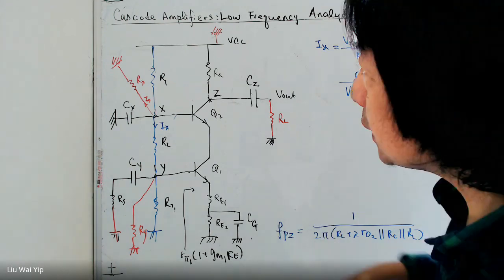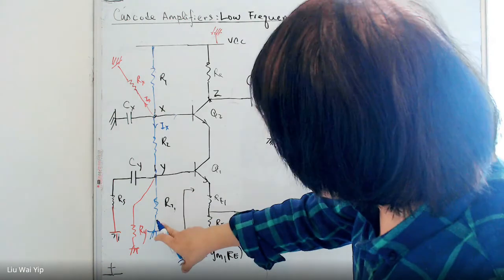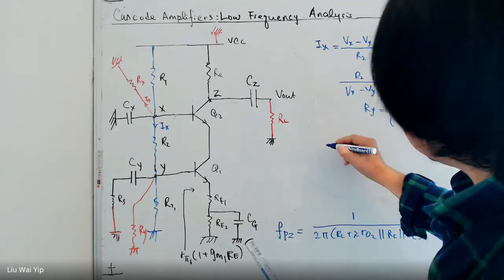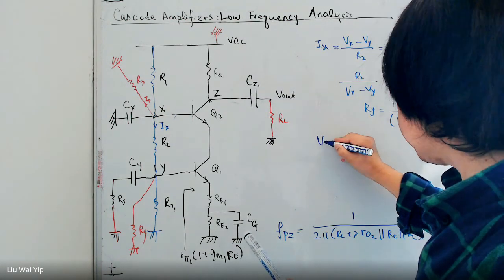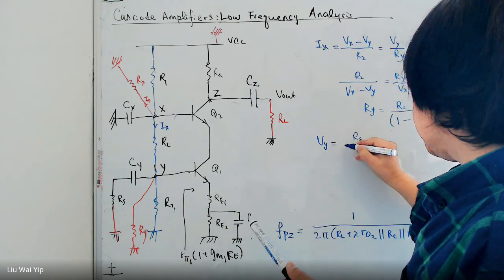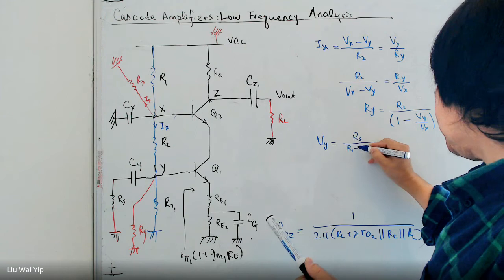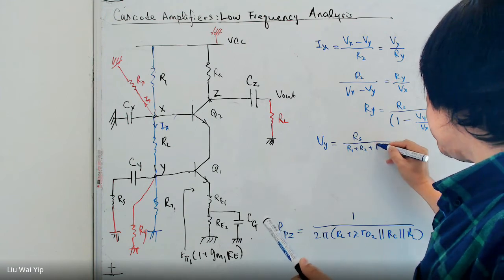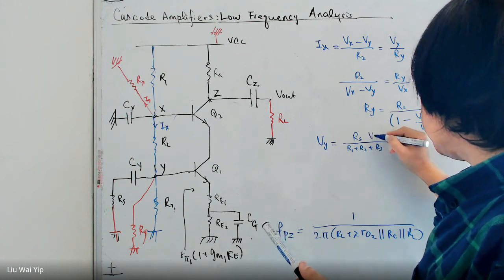So what is Vy? Vy according to here is R3 divided by R1 plus R2 plus R3, times VCC.